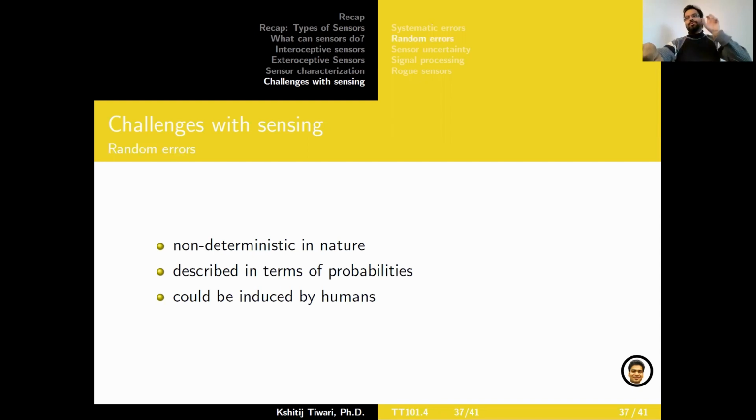So the vacuum chamber was leaky in some sense. Or let's say you're doing light intensity measurements, one day you had 4 bulbs on, but the other day you had only 3 of them on, etc. So these are typically induced by humans, and these are random errors, but you could then capture them in terms of probabilities.